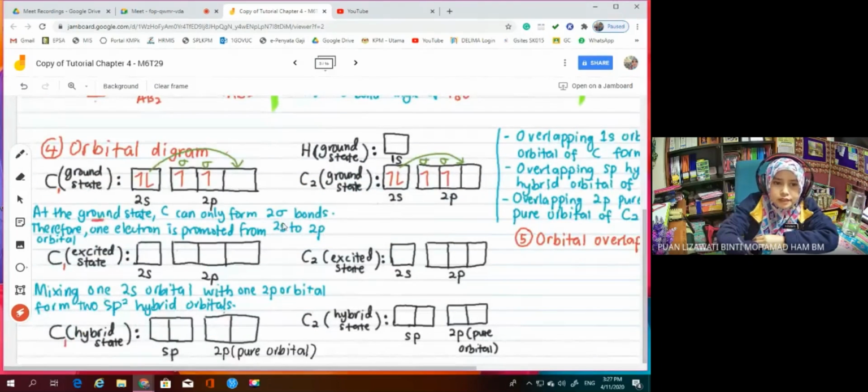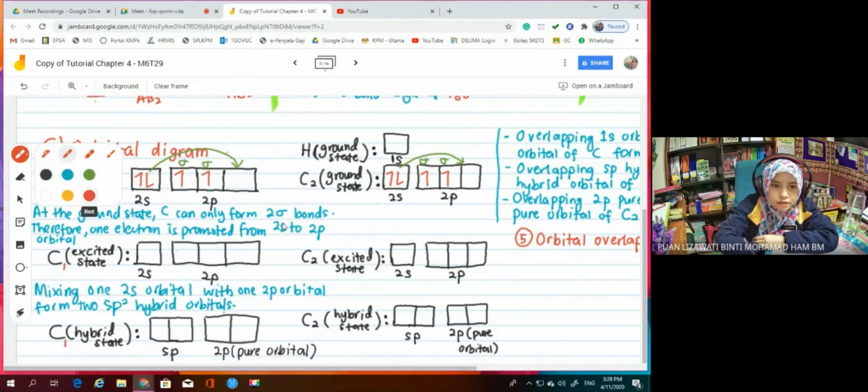At the ground state, carbon can only form 2 sigma bonds. Therefore, one electron is promoted from 2s to 2p orbital, and it will form the excited state. At the excited state, it will have all single unpaired electrons: 1, 2, 3, 4.